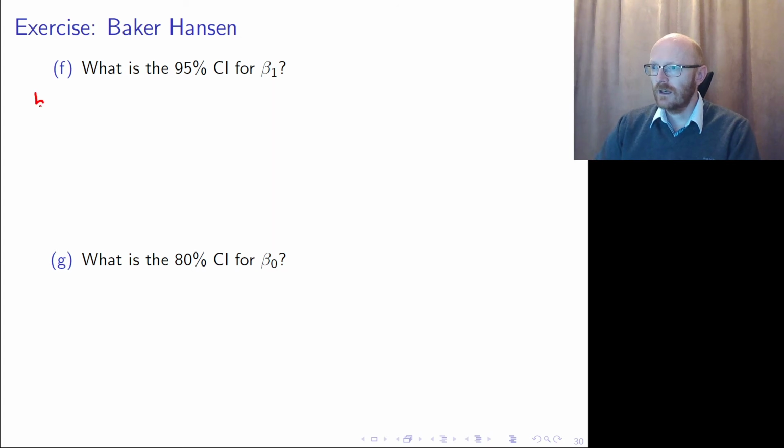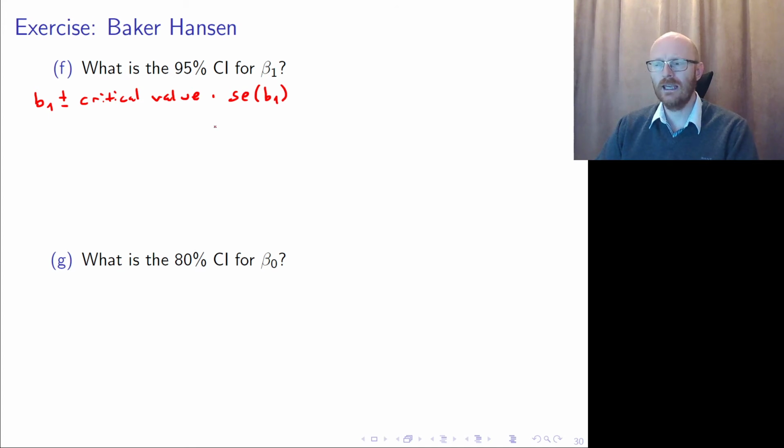Then we look at the B1 plus minus the critical value, times the standard error of our coefficient.